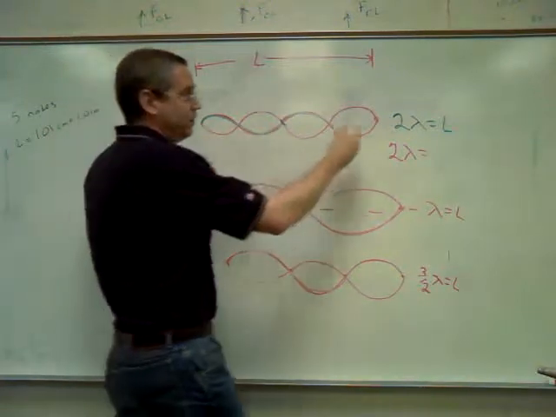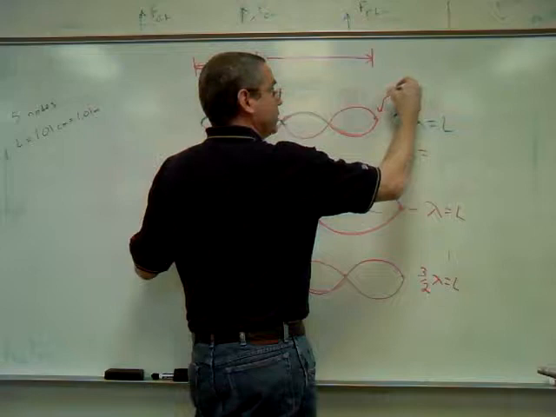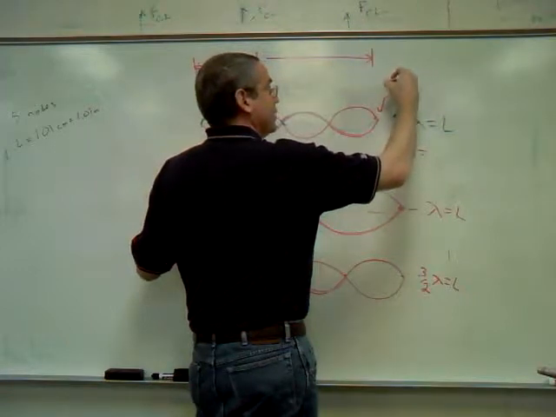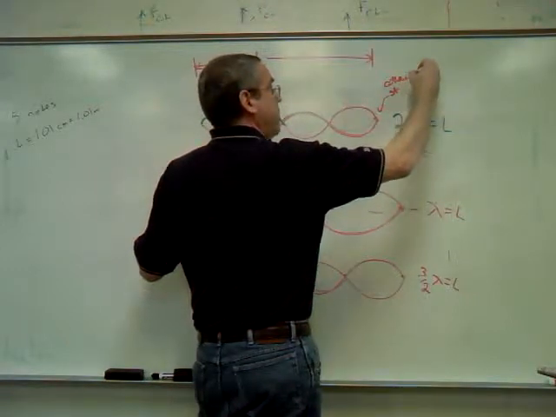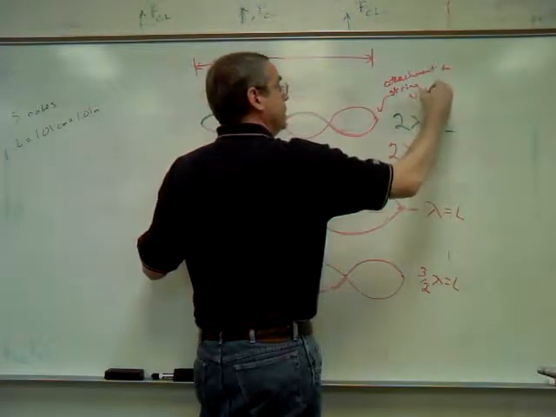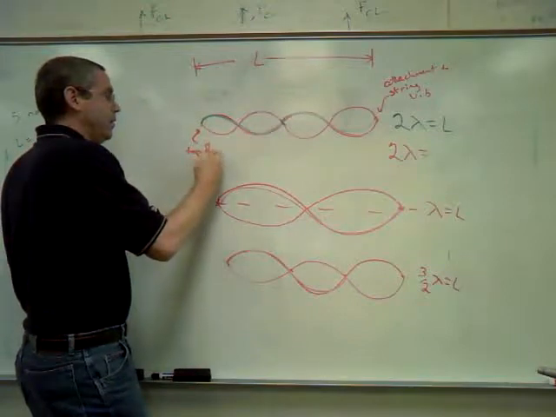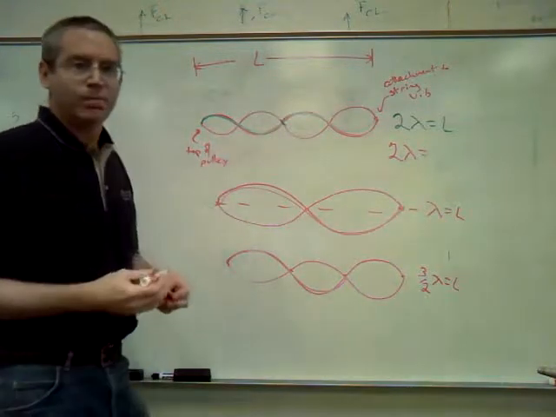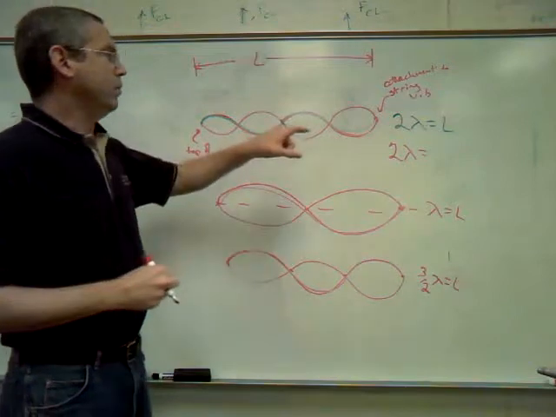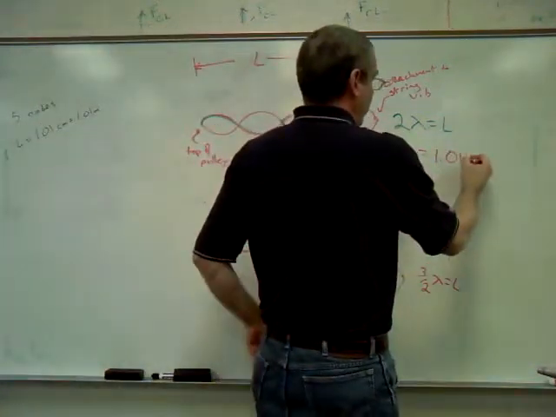So this right here was the attachment to the string vibrator. And this right here was the top of the pulley. And so that distance right there, I measured out, is 1.01 meters.